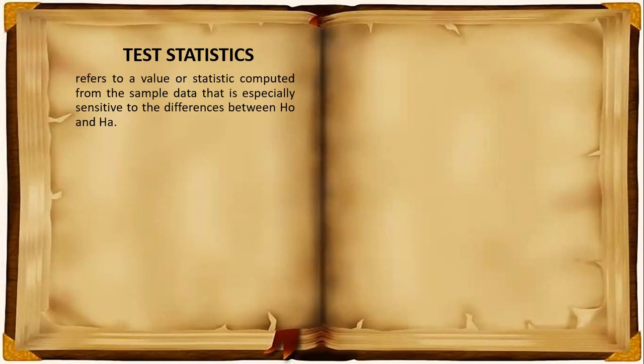It refers to a value or statistic computed from the sample data that is especially sensitive to the differences between H sub O, which is our null hypothesis, and H sub A, which is our alternative hypothesis.